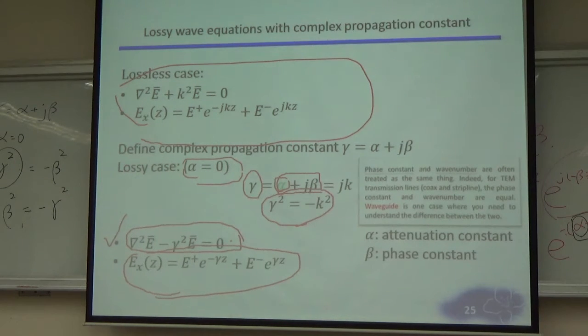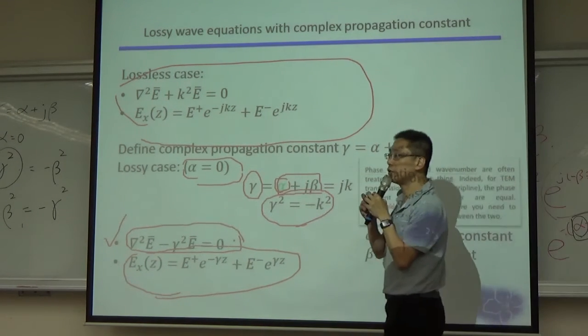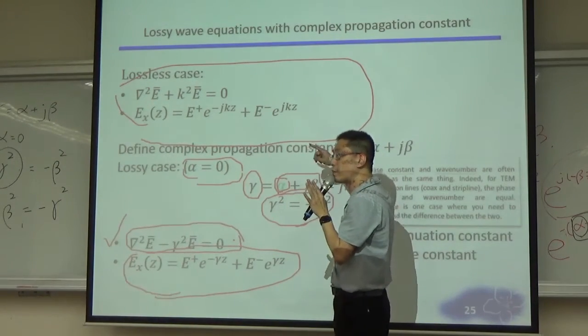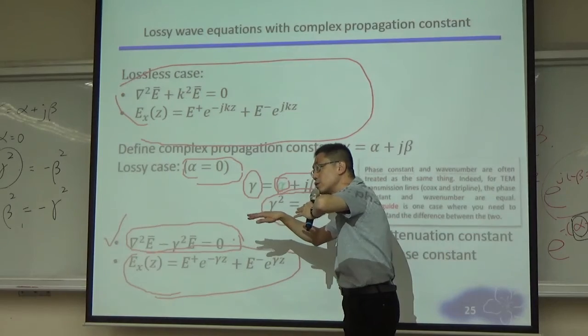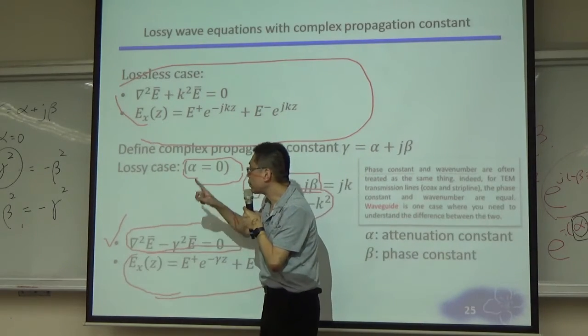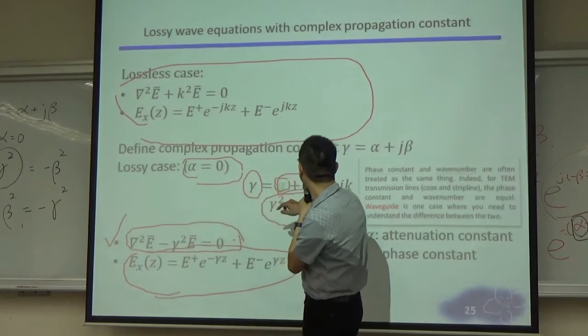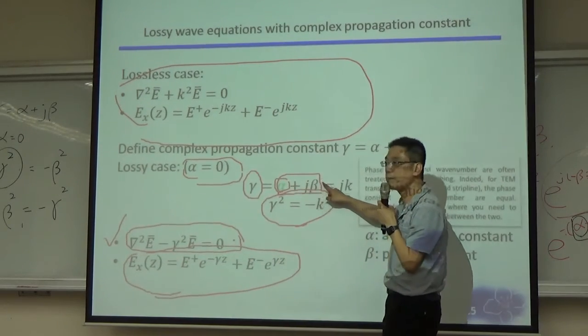Any question? Alpha is an attenuation constant. This one is an equation that considers not only the phase, not only the cosine, but also the loss. So alpha, beta, gamma: gamma equals alpha plus j beta.